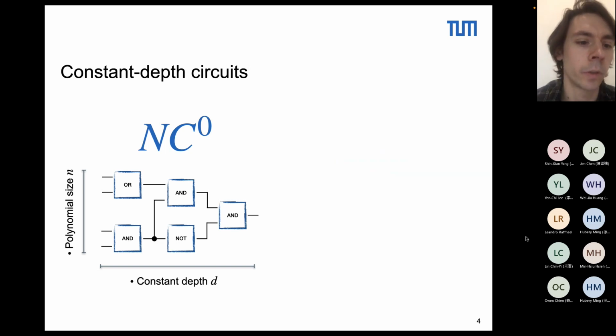The circuit is composed of OR gates, AND gates, NOT gates, and fan-out gates. These gates have bounded fan-in, meaning there's a limited number of inputs for each of them. Namely, in the circuits, the OR and the AND take 2 inputs.